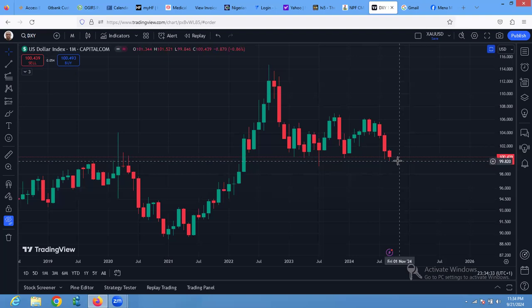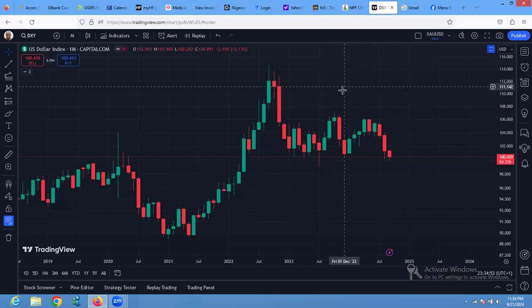this could have ended as a regular flat. If it's going to end as a regular flat in this area, it wouldn't have taken a 90 retracement of the movement from here to here.